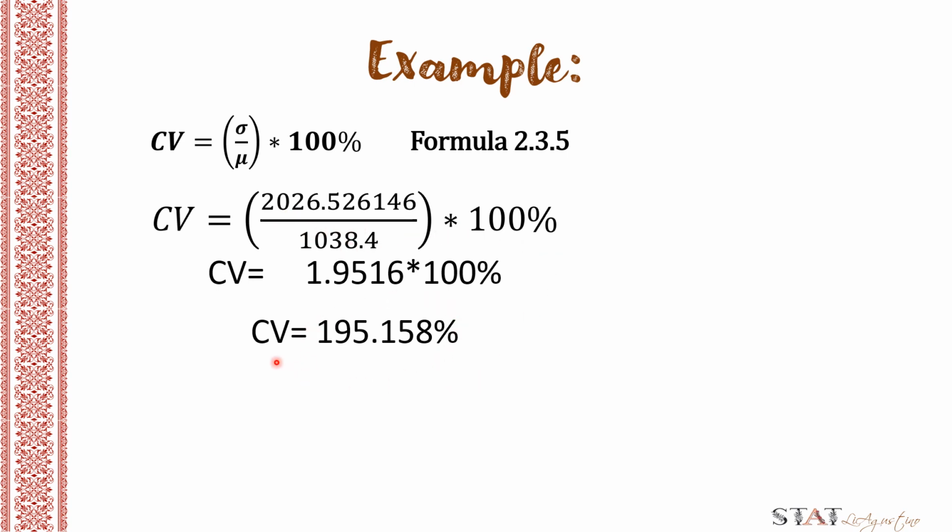So our CV, our coefficient of variation, is 195. So remember, the higher the CV, the less reliable it is, but depending on your subject and the subject of your study.